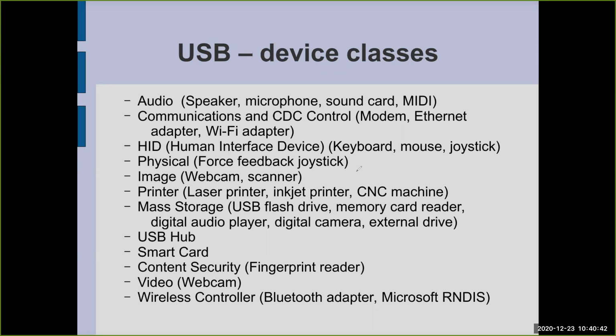What is typical for this class? The typical is that this device is polled very often. So depending on the USB version, it is about 1 kilohertz, so every 1 millisecond, or every 10 milliseconds.